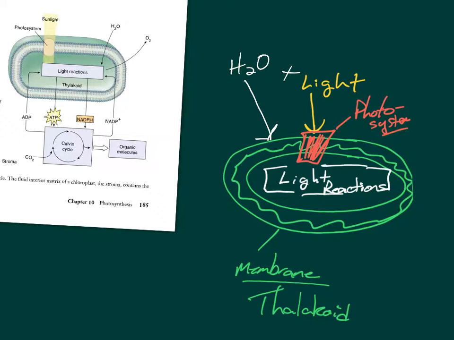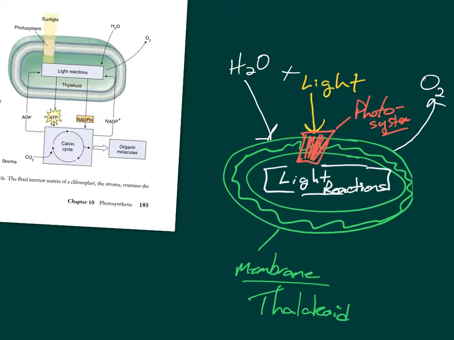And out comes what? Out of the light reaction, what comes out? Oxygen. Oxygen comes out, right? Do you see any CO2 happening in the light reactions? No, we don't see any CO2. So that's interesting. The light reactions are just dealing with water. So we're breaking up that big equation that we talked about earlier.